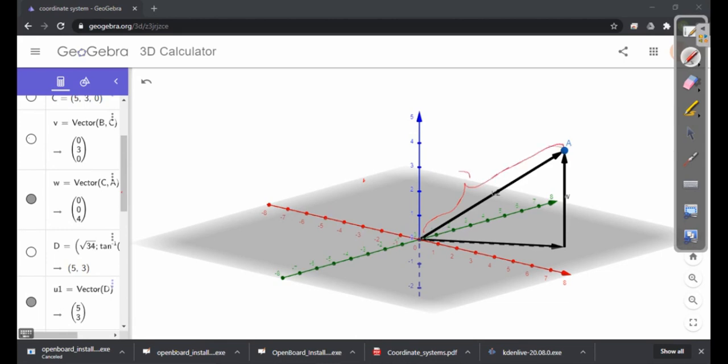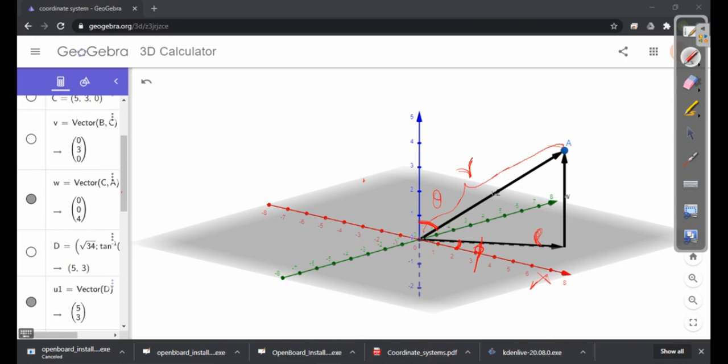This length is called r, the radius of the sphere. Now I have to set this at a particular angle. You know this angle, right? The same angle I have to use here, that angle is called phi. So phi is the angle between the x-axis and rho. Rho is the line which we used in the cylindrical coordinate system. So phi and r are there. And the third one is the angle between the z-axis and the line. The angle between the z-axis and the line is called theta.